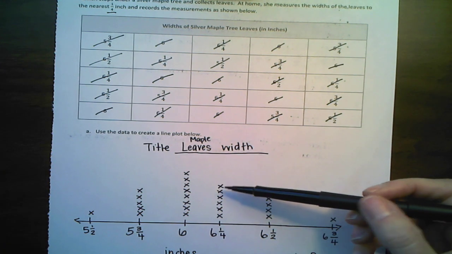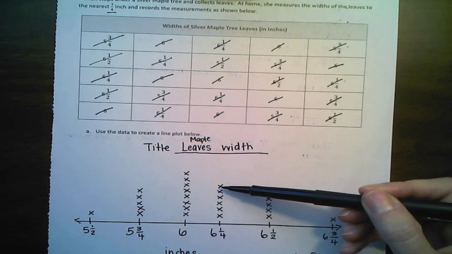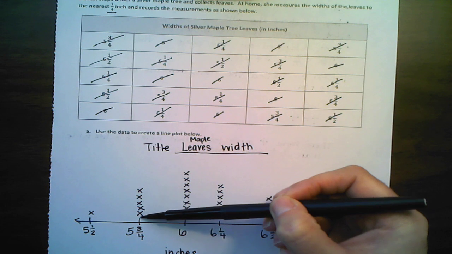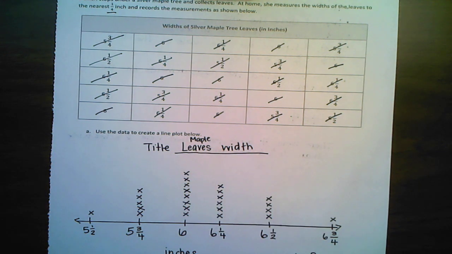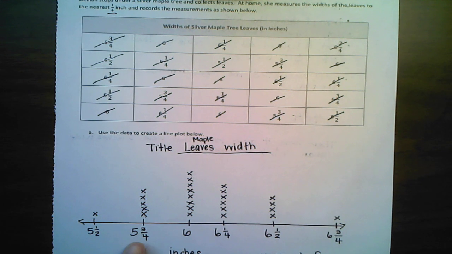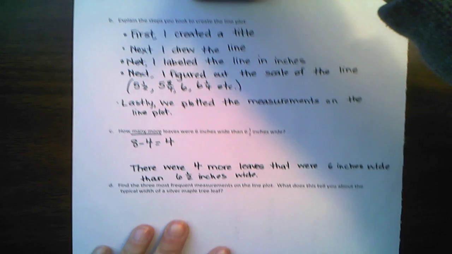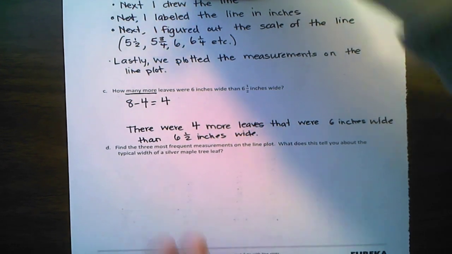Let's see, 6 and 1/4 inch. Let's count that one. 1, 2, 3, 4, 5, 6. This one is 1, 2, 3, 4, 5. So between 5 and 3/4 and 6 and 1/4 is the typical range of widths of silver maple tree leaves.